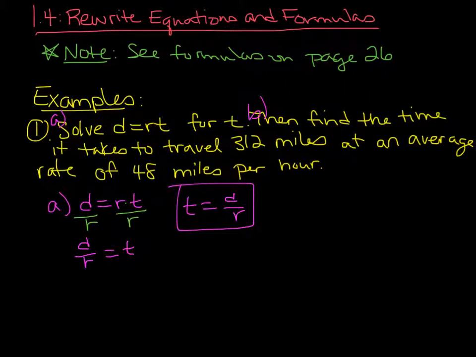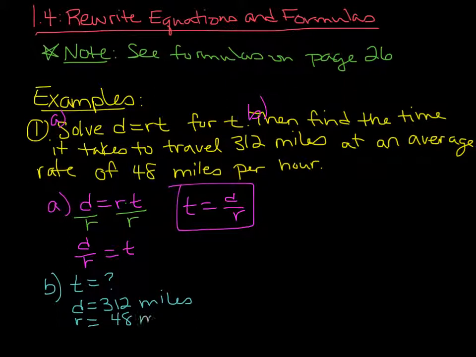Part B, now we're going to actually use the values that they give us. We're trying to find the time. Time is my T, so I don't know that. We also know that our distance is 312 miles, and we know that our rate is 48 miles per hour.